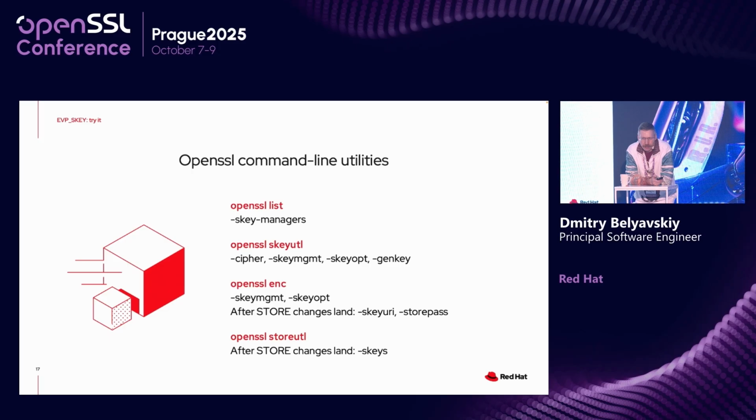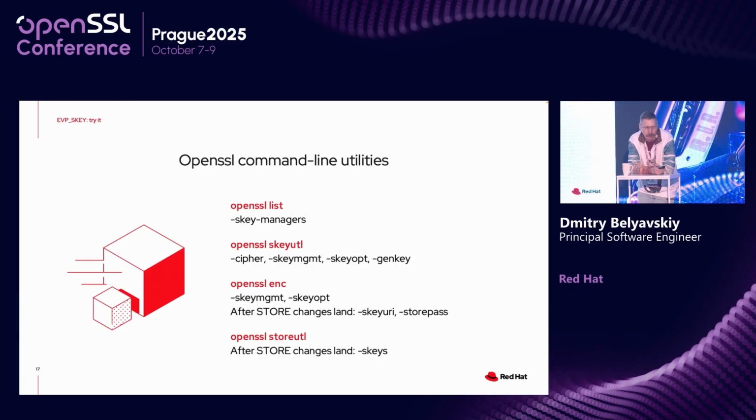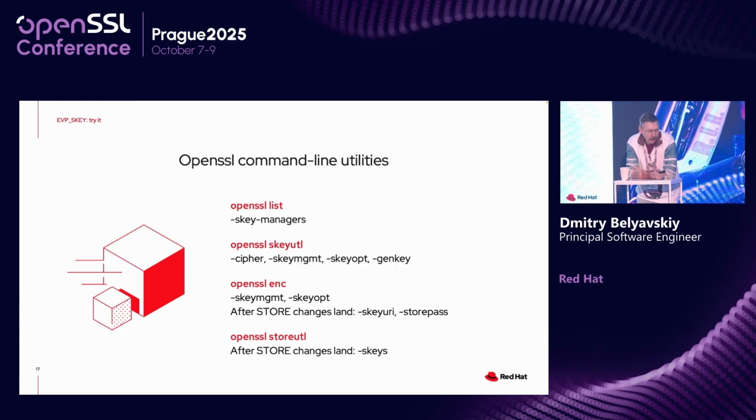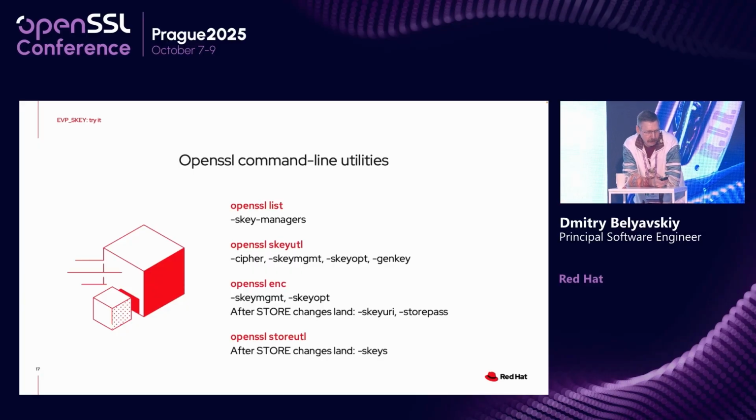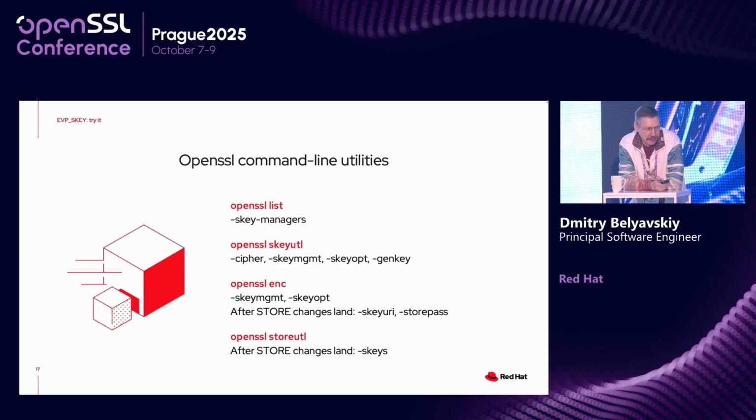To simplify the testing, I added some basic support to the OpenSSL command line utilities. Of course, the simplest was for OpenSSL list. You can list the SK managers belonging to particular providers. I added a very basic implementation of OpenSSL SKUtl, inspired by OpenSSL PKUtl.